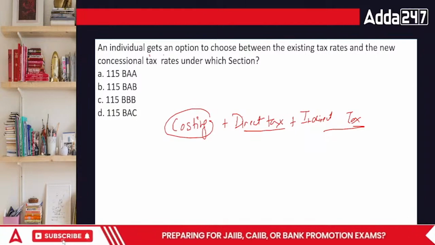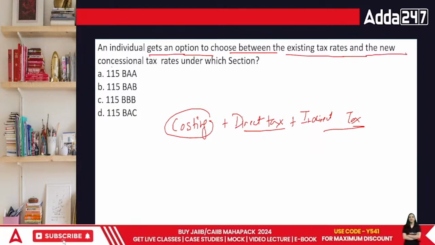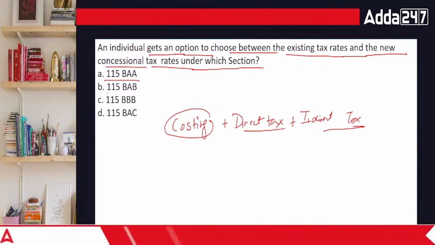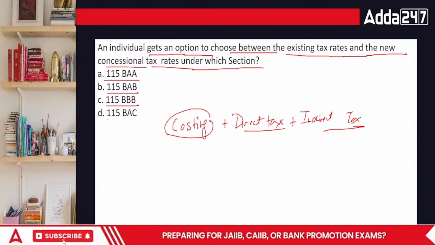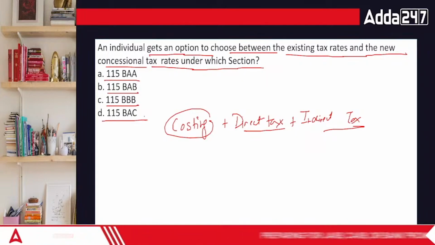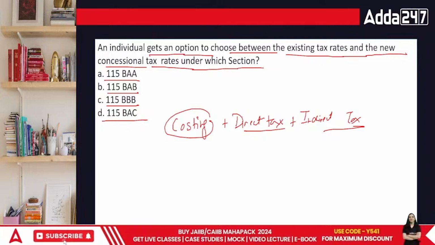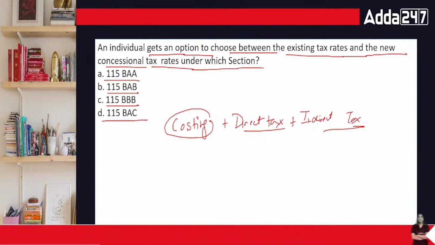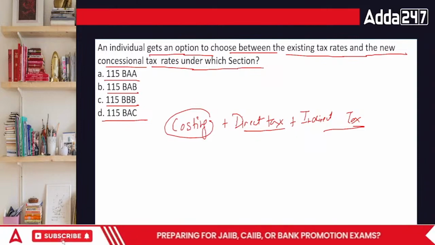An individual gets an option to choose between an existing tax rate and the new concessional tax rate under which section? 115 BAA, BAB, triple B, or 115 BAC? This is a question from our IIBF book itself, everyone. What's the correct answer?